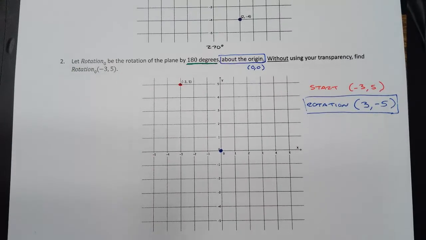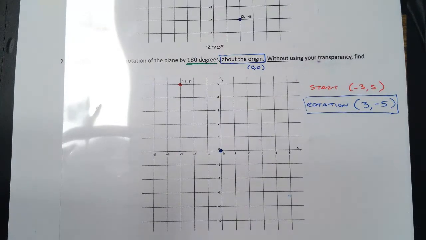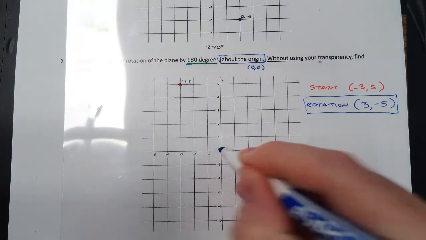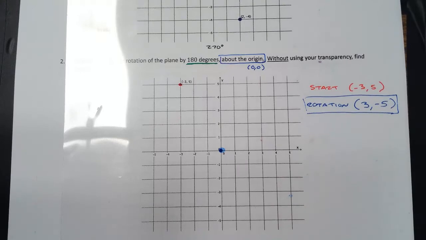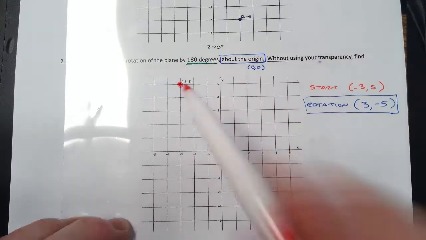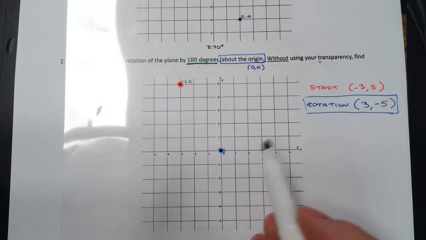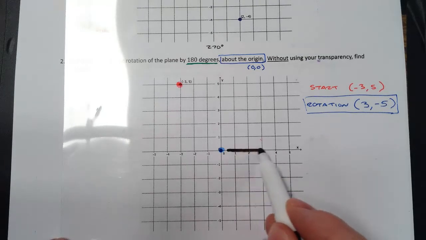So here we go with our transparency. Remember, we need to label the point we're spinning around, the origin. We need to label the figure that is getting spun, which is -3, 5. And we need an arrow pointing at 0 degrees.